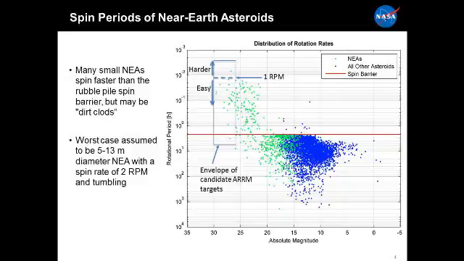And you see, not that many have been measured, but enough to give you a sense of the population. And you see that there's only a few above about 1 RPM. And 1 RPM is where things start to get quite sporty. And so we're going to concentrate on that issue. And the idea that they're possibly dirt clods, or even less competent than dirt clods, is a key issue.